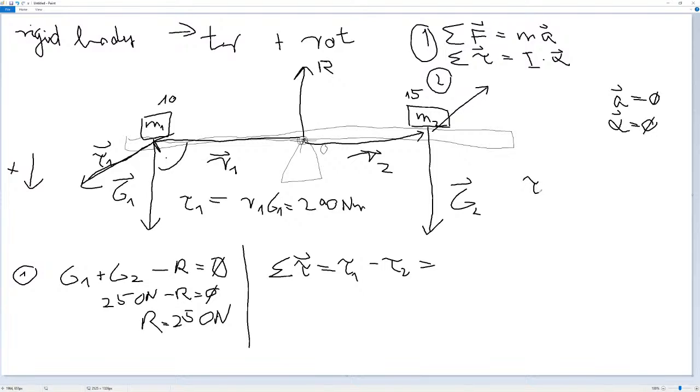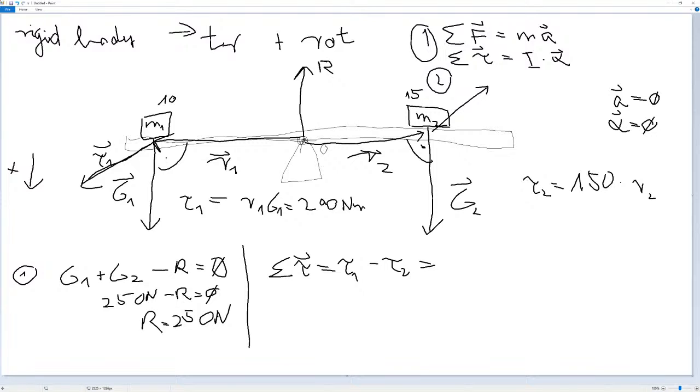What is the torque of the mass 2? The R2 is unknown, but we can see this is 90 degrees. The nominal value of torque 2 will be 150 Newton times R2.